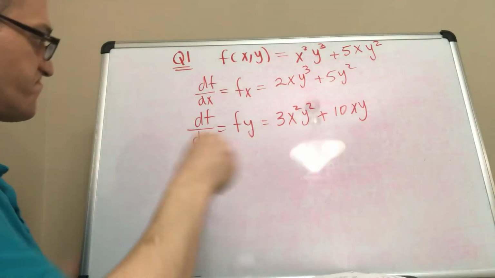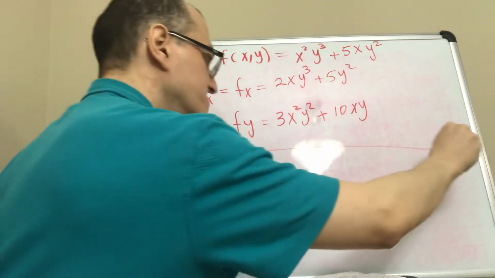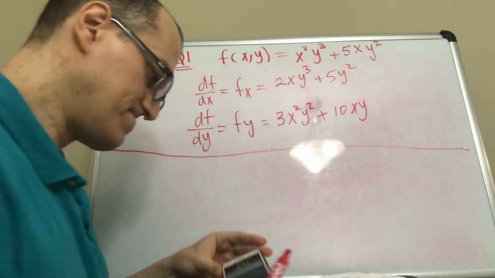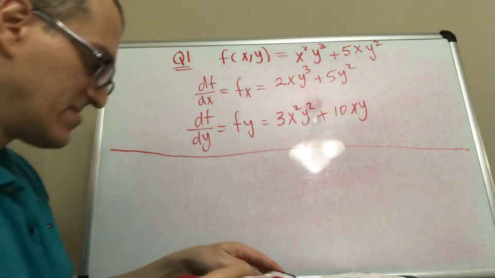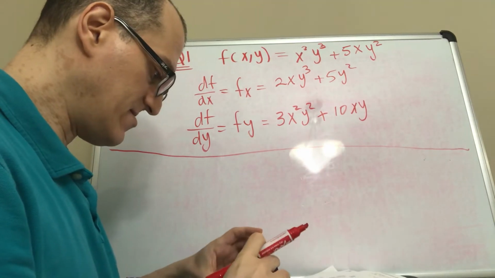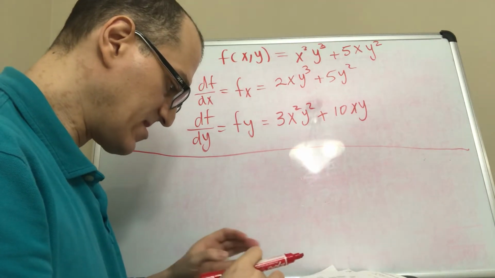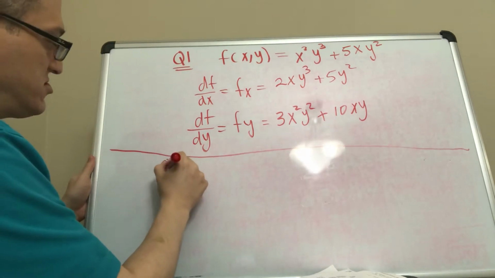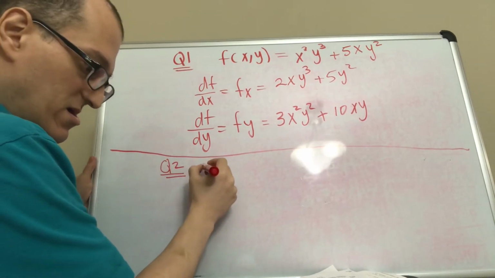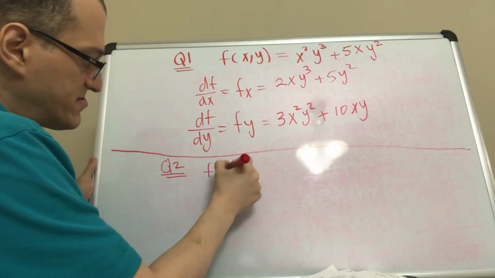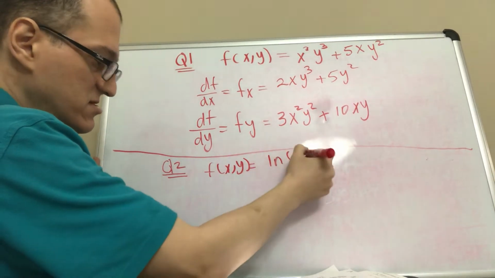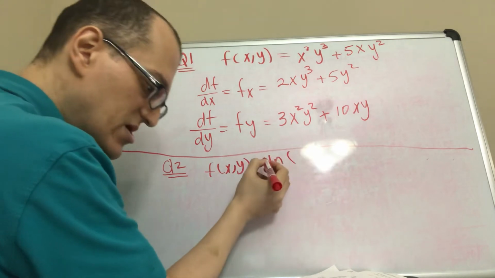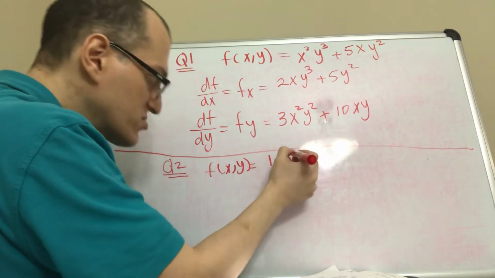Question 2. You have this function here, a function in terms of x and y, and it's ln of x squared plus 3y squared.